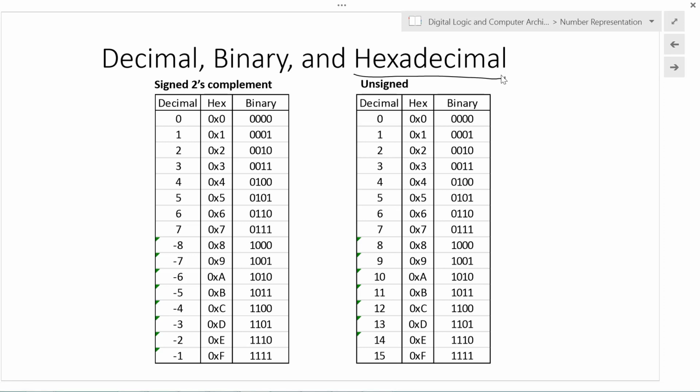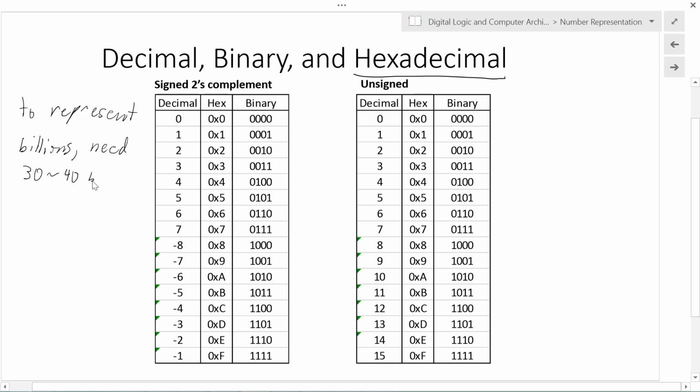So if you think about a binary number, if you want a number represented in the billions range, you're going to need on the order of 32 binary digits. So to represent billions, you need 30 to 40 bits.